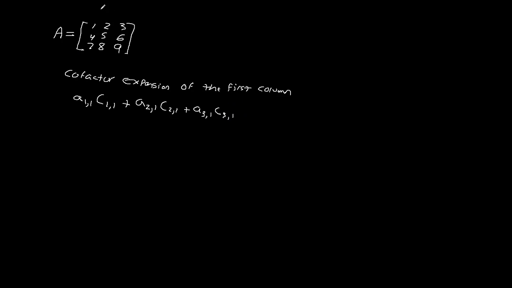So that's all of the values in column 1 times their cofactors, which ignore that row and column combination.